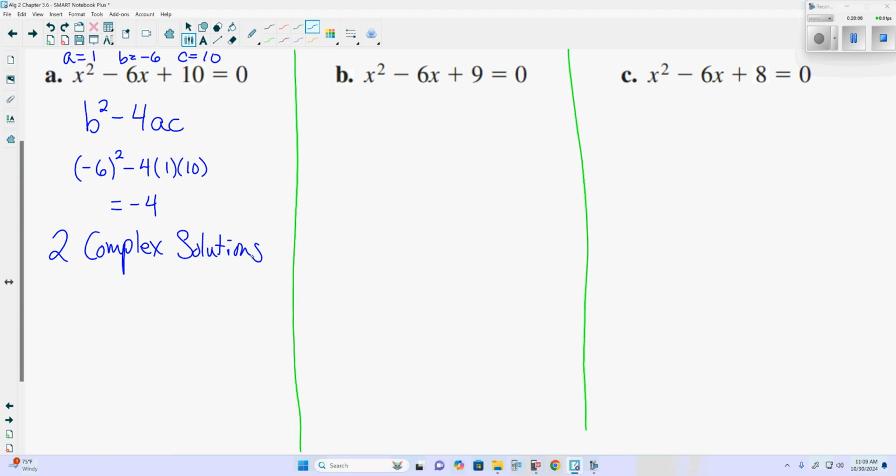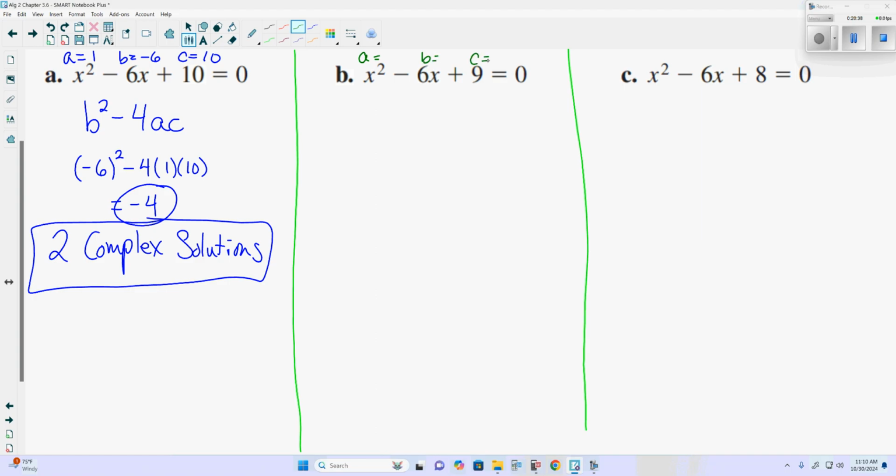That's all it is. Because really, when it says number and type, I think this is enough because we gave the number, 2, and what type? Complex. For some reason, the book would want you to solve it, but this is all we need. We need what the discriminant is and the number and type of solutions. That's it. We ready for the next one?